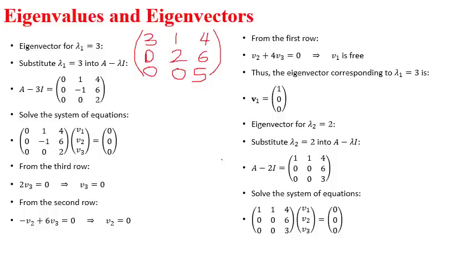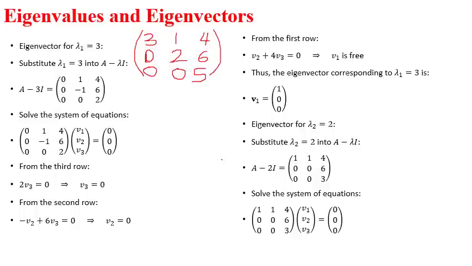So basically what will be changing is the diagonal element. So 3 minus 3 will give you 0, 2 minus 3 will give you minus 1, and 5 minus 3 will give you 2. So that is that about that.